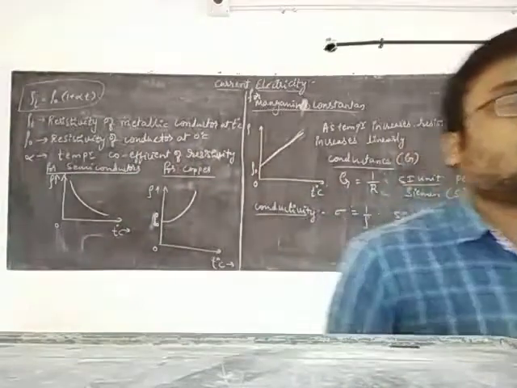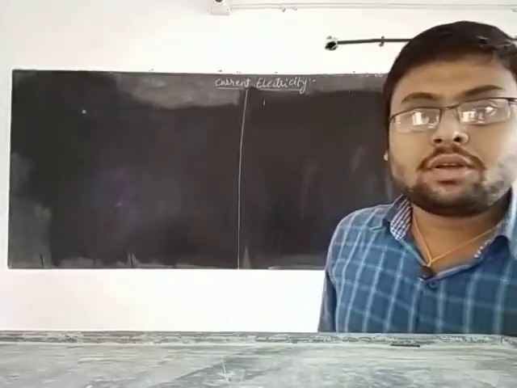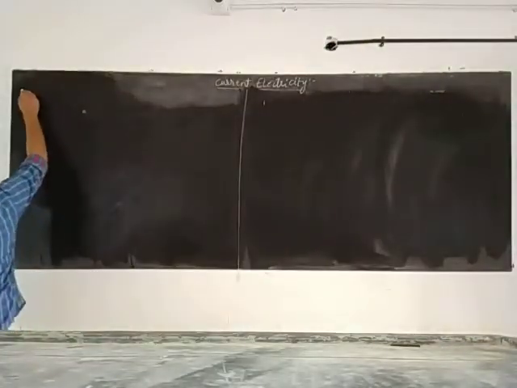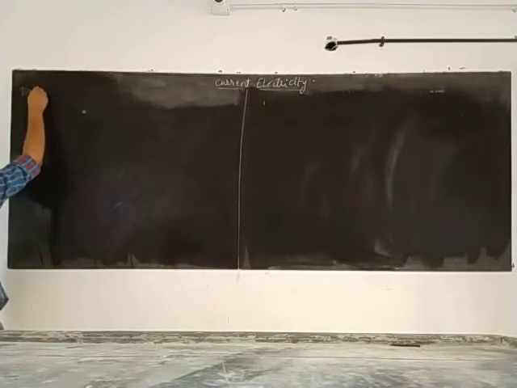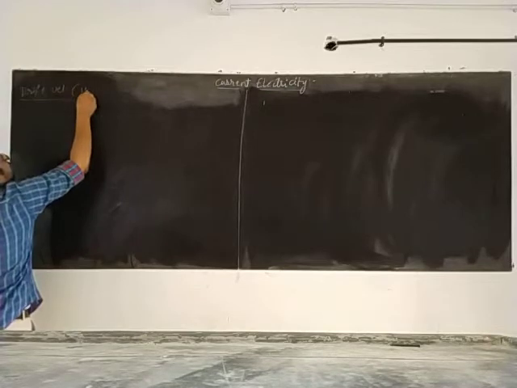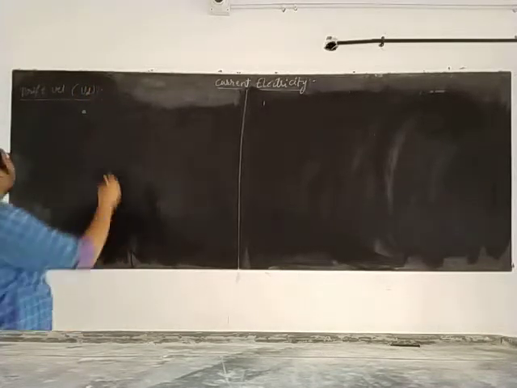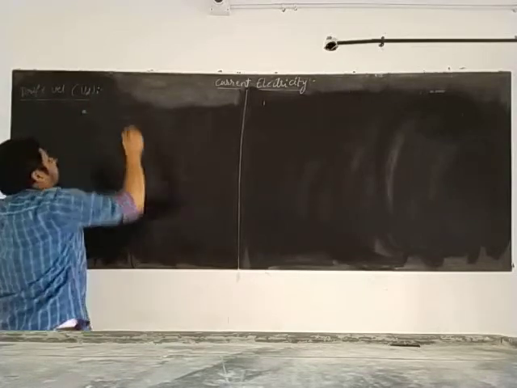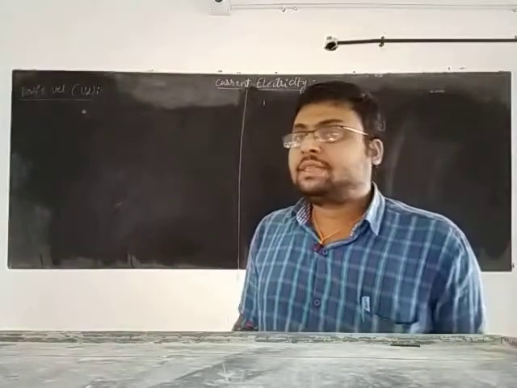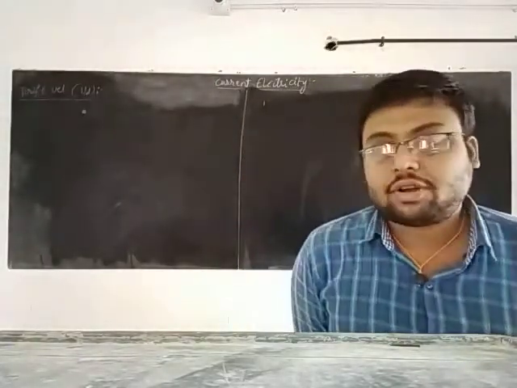Is it clear? So the next concept is drift velocity. Here drift velocity is going to be represented symbolically as V subscript D. So what do you mean by drift velocity?